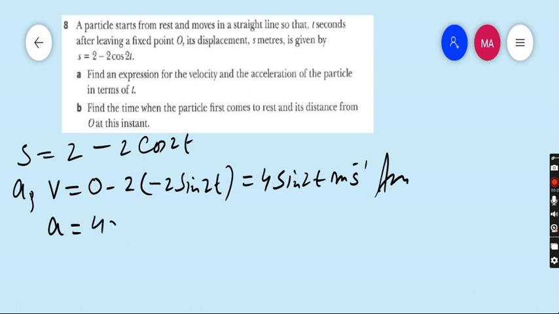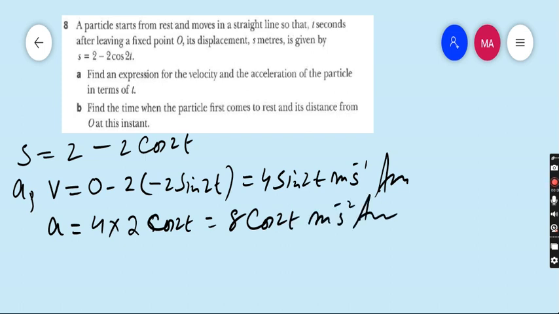The derivative of 4 sin 2t is 2 cos 2t, so 4 times 2 is 8 cos 2t ms^-2, meters per second squared, is the answer for acceleration. Acceleration is 8 cos 2t and velocity is 4 sin 2t. So this is part A.